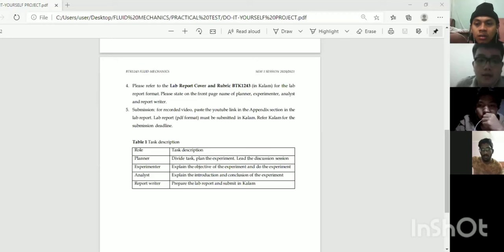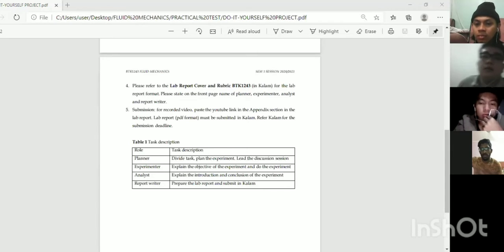And the experiment that I plan, I will talk about the summary procedure of this experiment. We use the sim pipe and control the flow rate at 5 different flow rates, by filling the volume of 1 liter bottles.